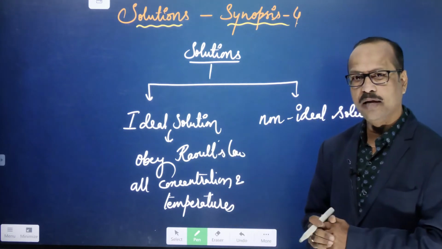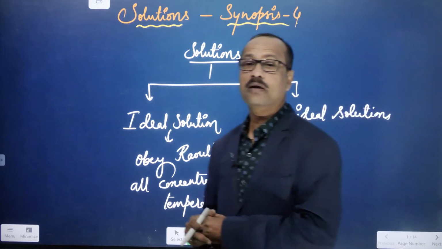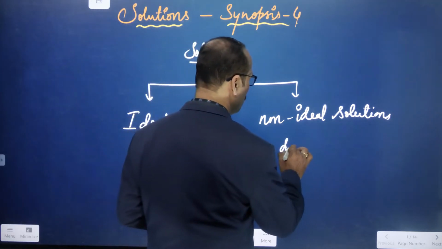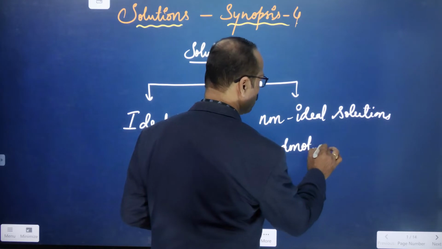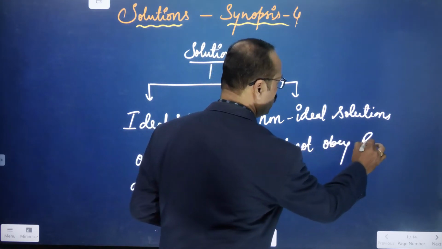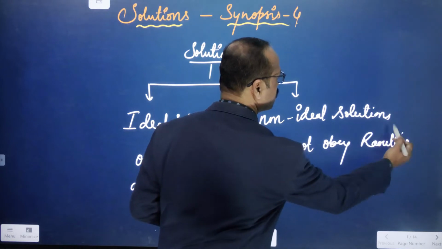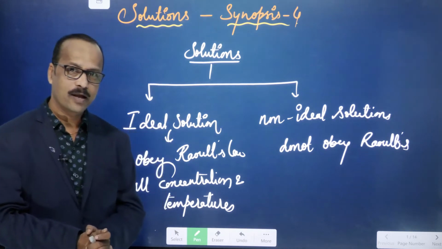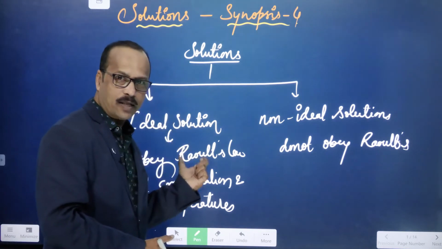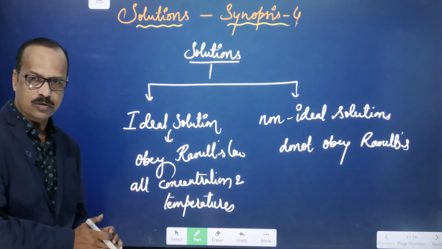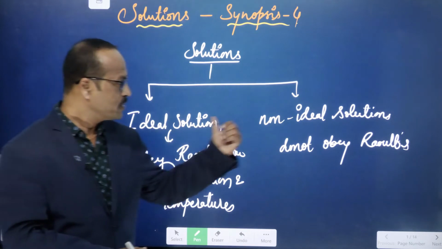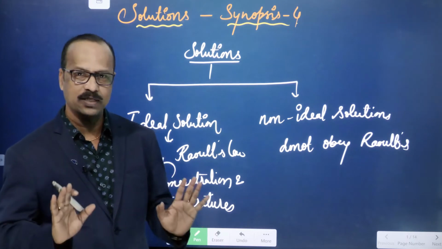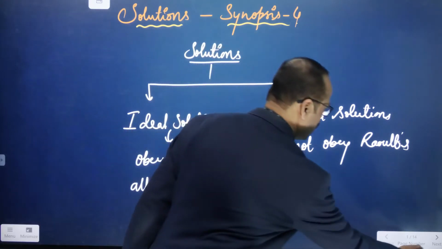These solutions are called ideal solutions. Now, what are non-ideal solutions? The solutions which do not obey Raoult's law are called non-ideal solutions, that's all. So the solutions that obey Raoult's law are called ideal solutions, and the solutions which do not obey Raoult's law are called non-ideal solutions. Till here clear? Now let's go to the next page.